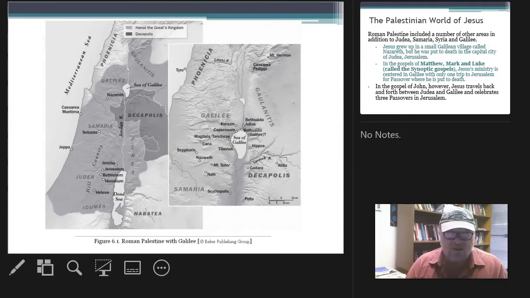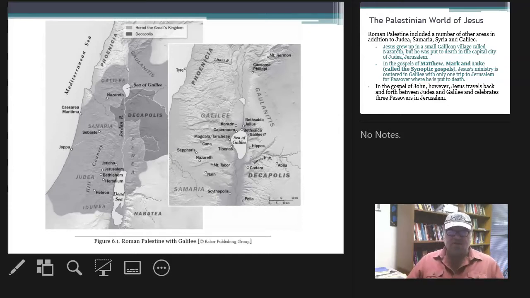And then on the right, you see a zoom in closer view centered on the Sea of Galilee, which shows Galilee at the top. And Caesarea Philippi is up in Syria. Below Galilee is Nazareth, Capernaum, Cana.